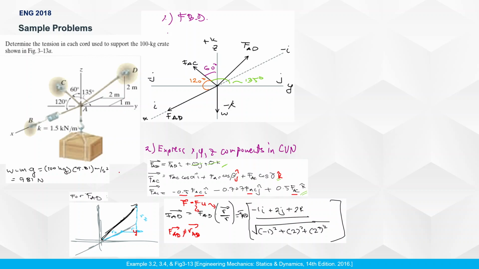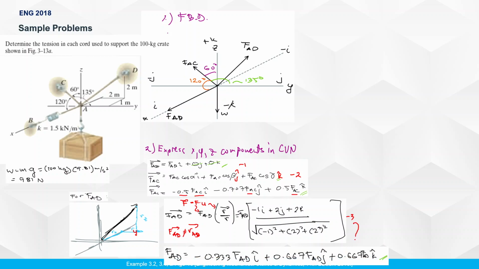And then of course, once you know those units, you can simply get the magnitude of the position vector R. And now you have your equation 3. So you have your equation 1, 2, 3. Then you simplify this further. So this will be your equation 3.